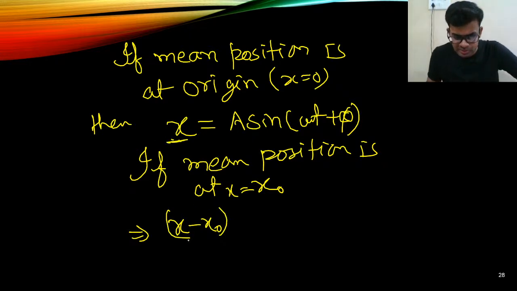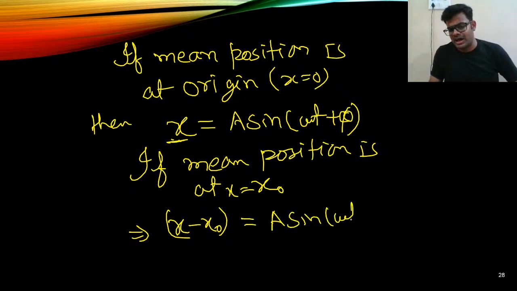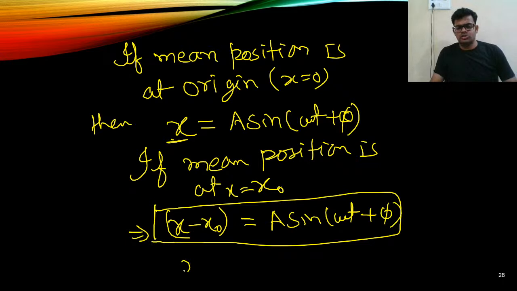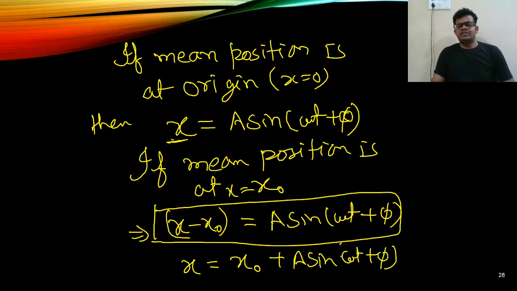So the displacement from the mean position will be x minus x naught. So x − x₀ = a sin(ωt + φ). This is the general equation of SHM. It can also be written like this: x = x₀ + a sin(ωt + φ). That's all, my dear friends.